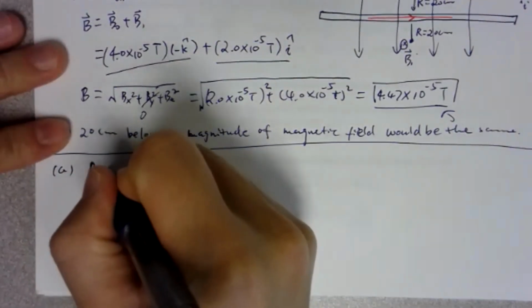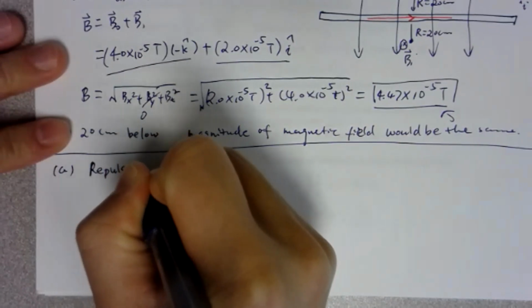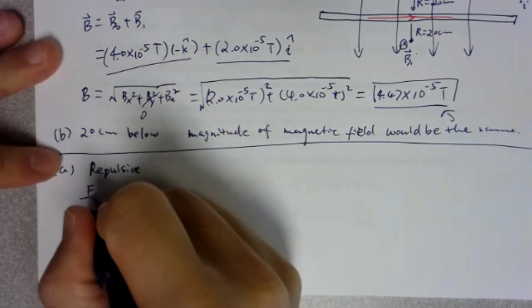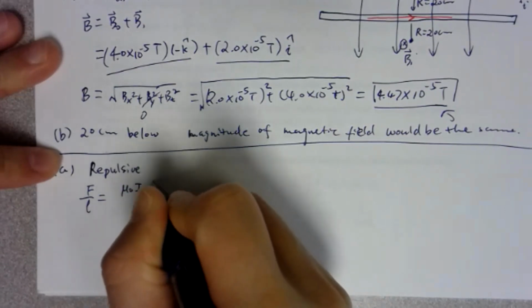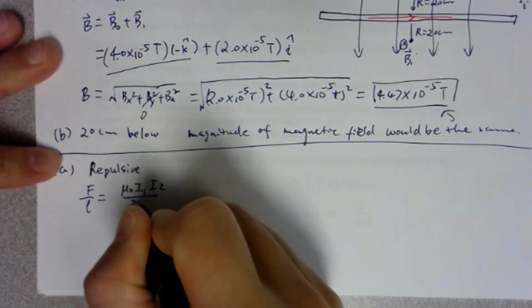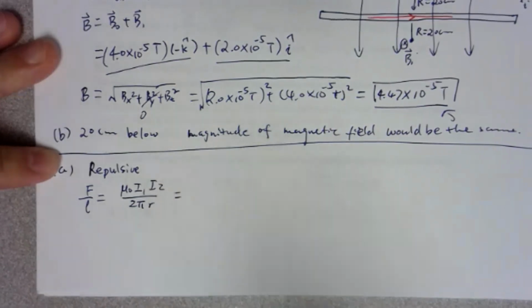We know that the force will be repulsive, and force over length is mu naught I1 I2 over 2 pi r. So we can calculate that.